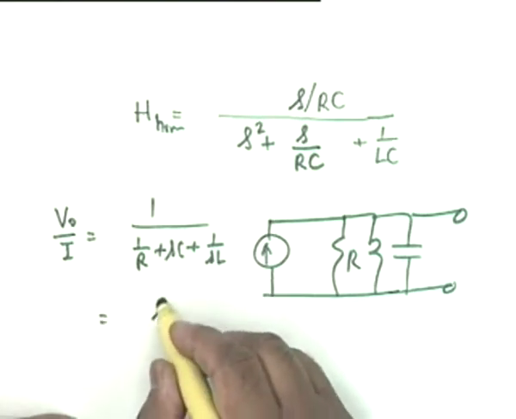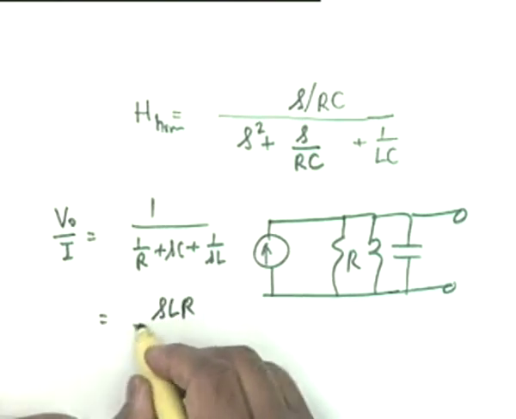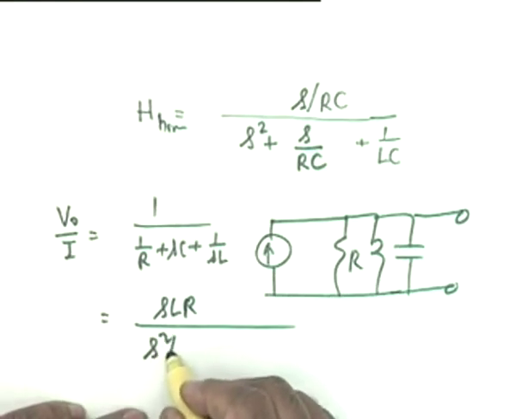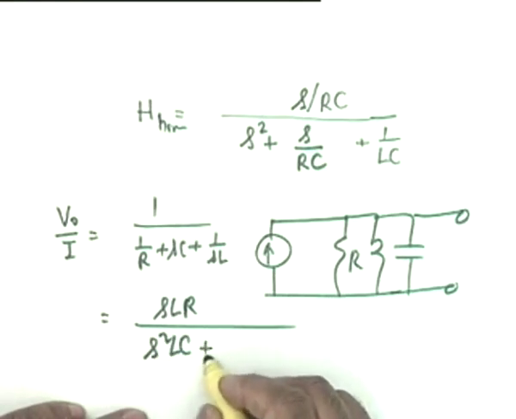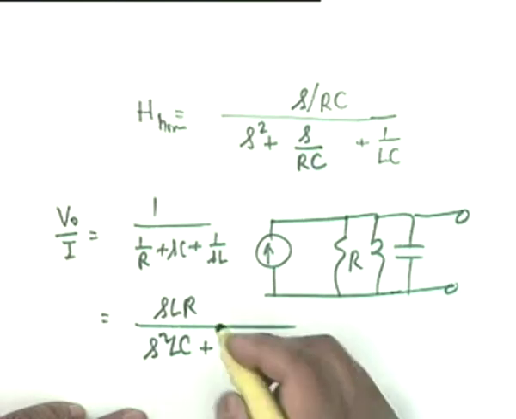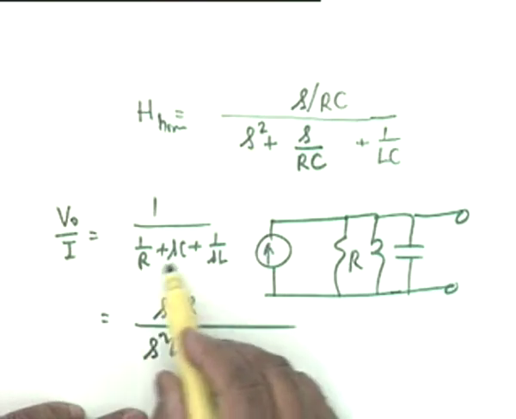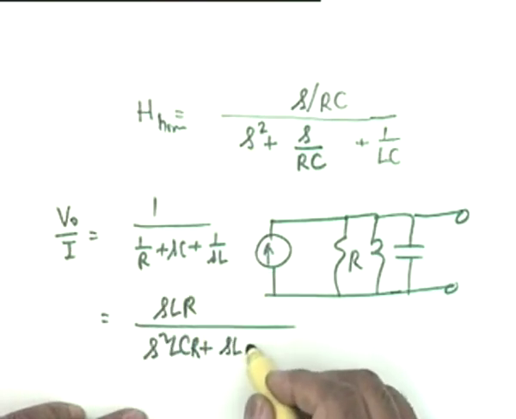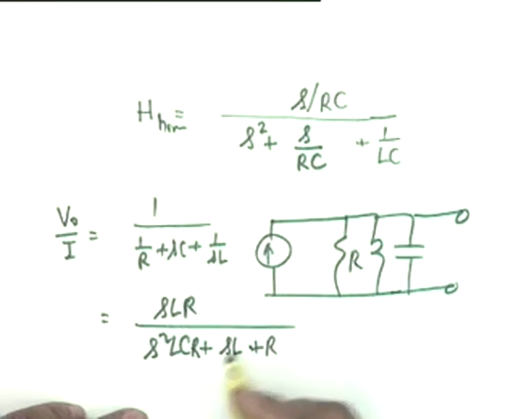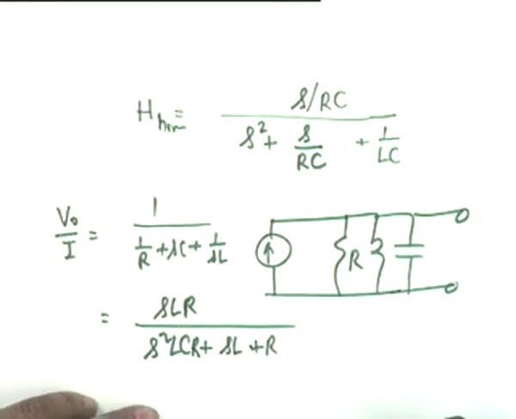So this is equal to SLR divided by S squared LCR plus SL plus R. Agreed? Which I can put in this form. That you can easily see.